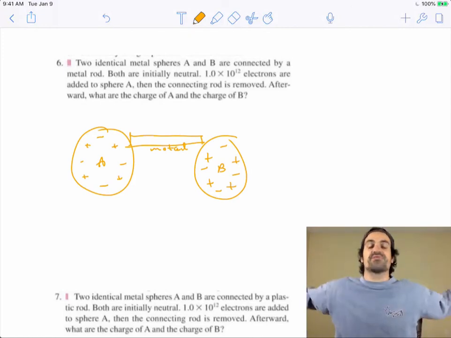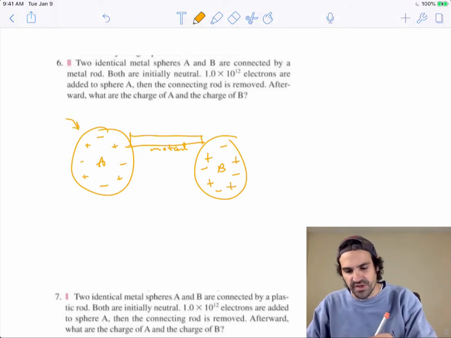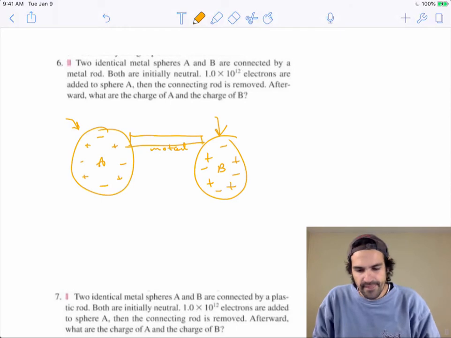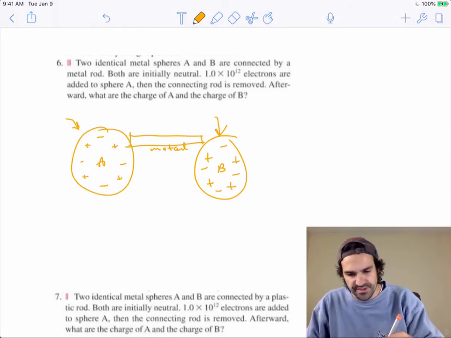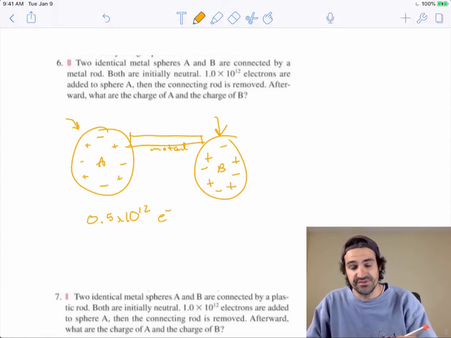They're just going to want to get as far away from each other as possible, which means half of them are going to go on to sphere A and half of them are going to go on to sphere B, which means 0.5 times 10 to the 12th electrons, which I'm going to represent with E minus, are on each sphere.